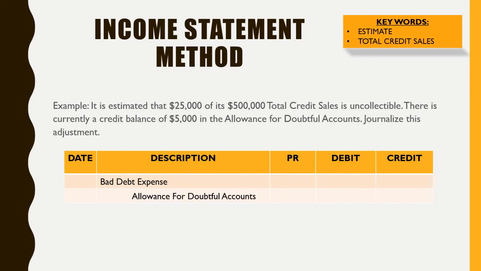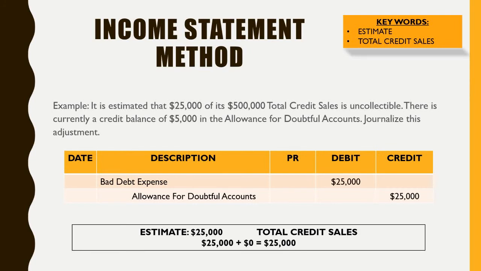So let's try scenario number 2 once again. If it is estimated that 25,000 of its $500,000 total credit sales is to be uncollectible, and there currently is a credit balance of $5,000 in the allowance for doubtful accounts, how am I going to write this adjustment? It would still be for the 25,000.